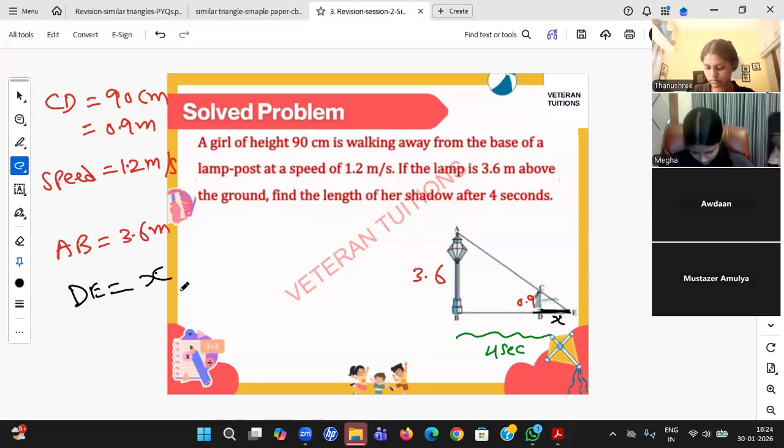Harshini, right answer, no? Second student. Yes, Harshini, Narendran, right answer. Okay, so you see, student, here is 3.6 meter, 0.9 meter, x meter, that is fine. But BD is 4 seconds. So everything is speaking about length.